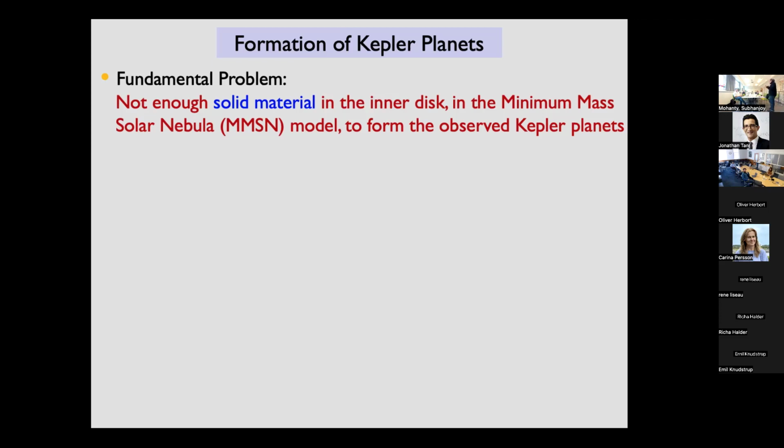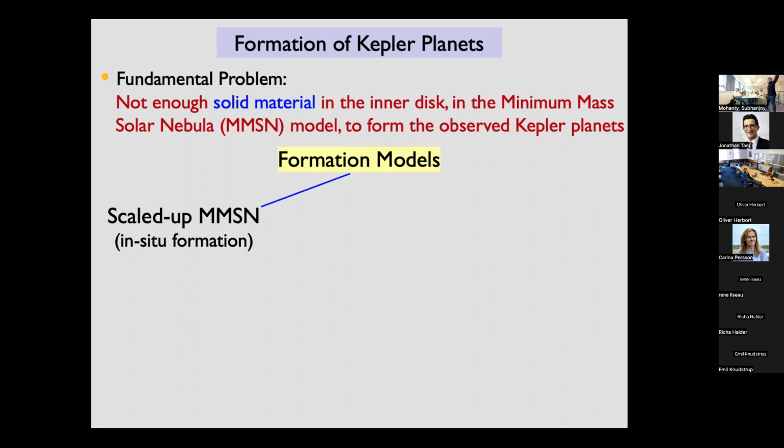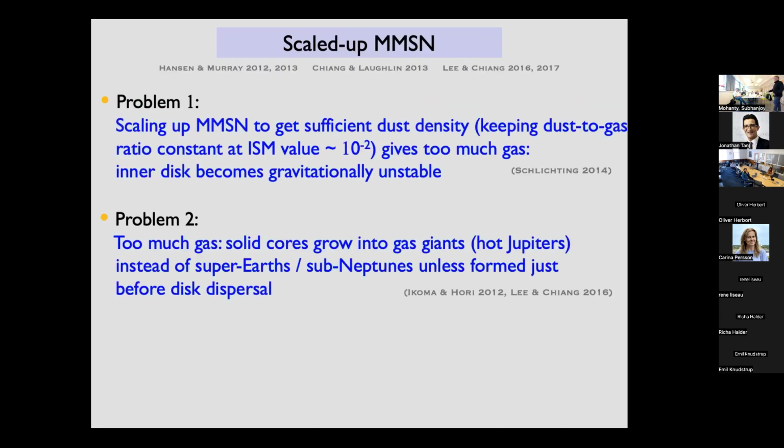So, well, that's not a tragedy. You can just increase the amount of material in the solar system, increase the amount of gas and dust in the inner disk and form these things. But that leads to a problem, okay? So essentially, if you invoke a scaled up MMSN, right, increase the amount of inner material, that leads to the problem that scaling up the MMSN to get enough solids in the inner disk to form these super Earths and sub-Neptunes, while keeping the dust to gas ratio the same as you find in normal accretion disks, gives you way too much gas.